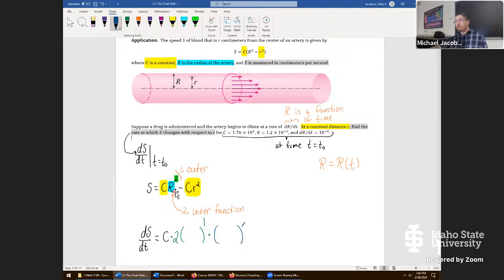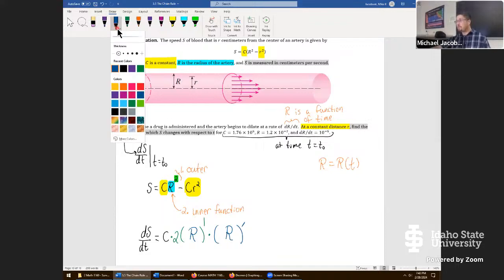Then take whatever your inner function was, it's this function right here, R, goes in that location where it's a power 1, and it goes in this location where it's differentiated. Differentiated with respect to what variable? It had to have been t. That's the derivative we're taking here, ds dt. So we're going to clarify this one and call it dr dt. That's what we're really looking at when we look at r prime.